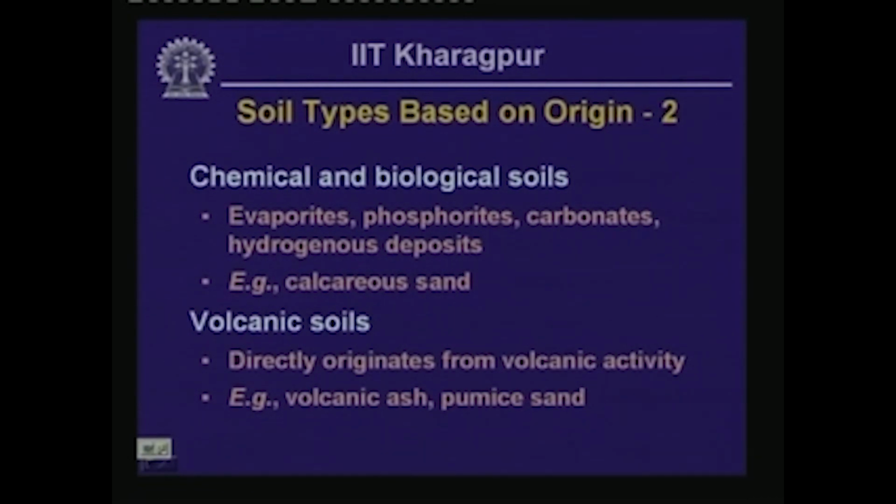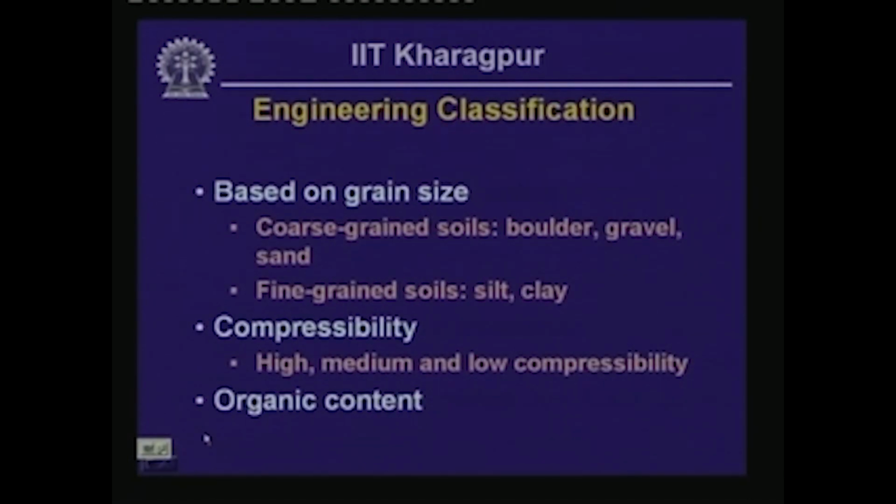So these are the different types of classification of soils that you might get depending on the process of origination, or how the soils actually originate. Engineering classification of soils is slightly different, and here what we are interested in is the engineering behavior of soil when we classify soils in this manner.